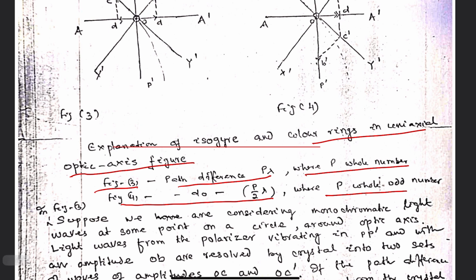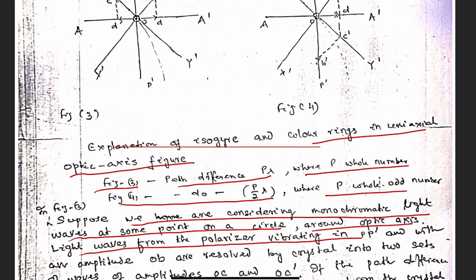In figure 3 here, suppose we are considering a monochromatic light wave at some point on the circle around the optic axis. Light waves from the polarizer vibrate in the PP plane with an amplitude OB.